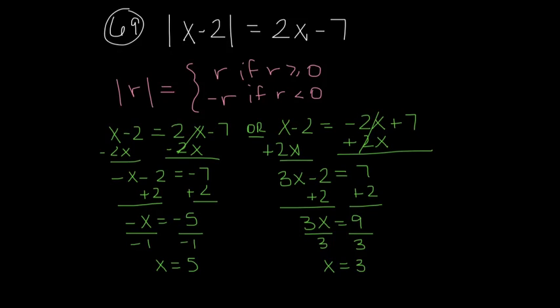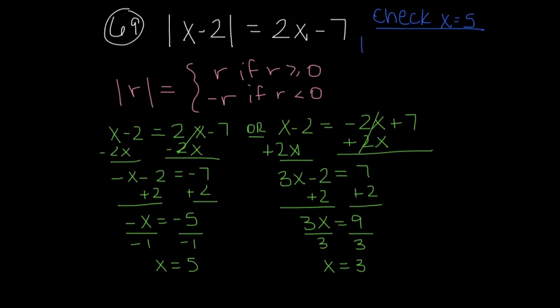Because my original problem started off with variables both inside and outside the absolute value, I have to be very careful about the solutions. It's possible that my solutions do not make the equation true, so I have to go back and check them. So if I check x equals 5, I check it by plugging it back into the original problem.